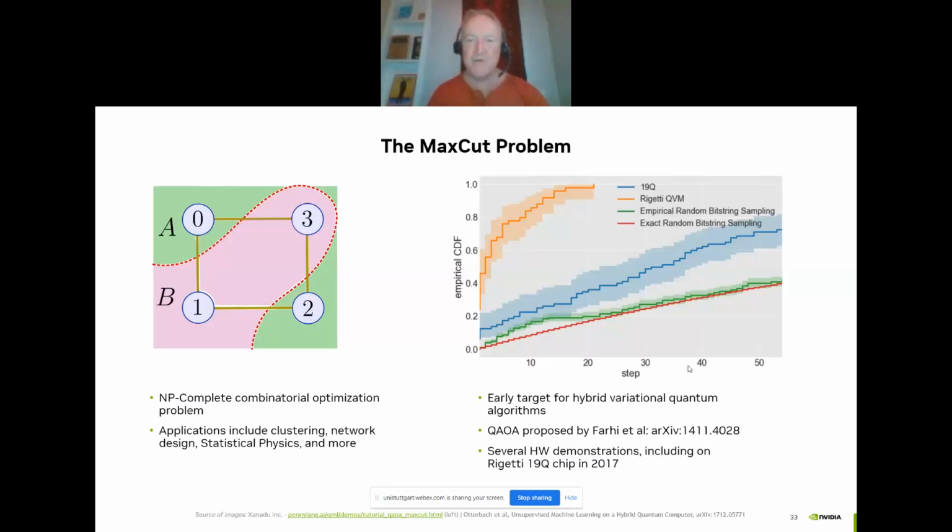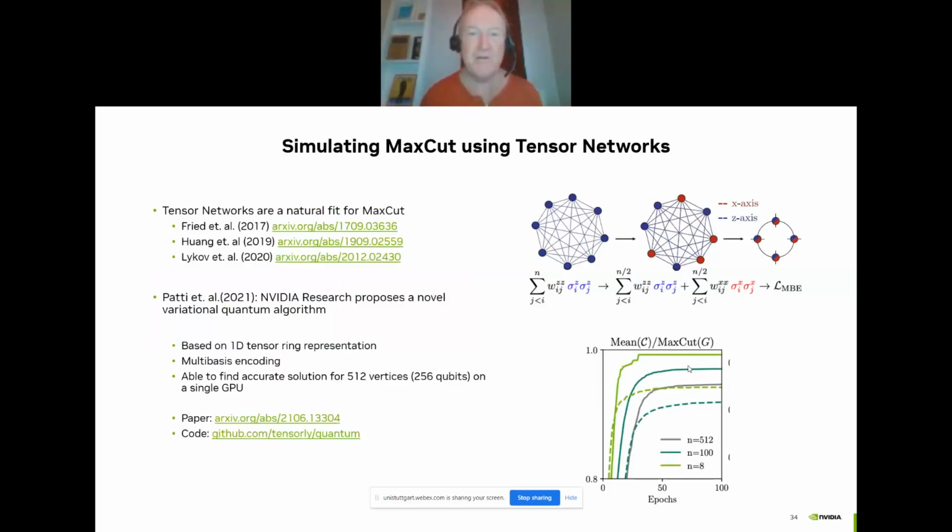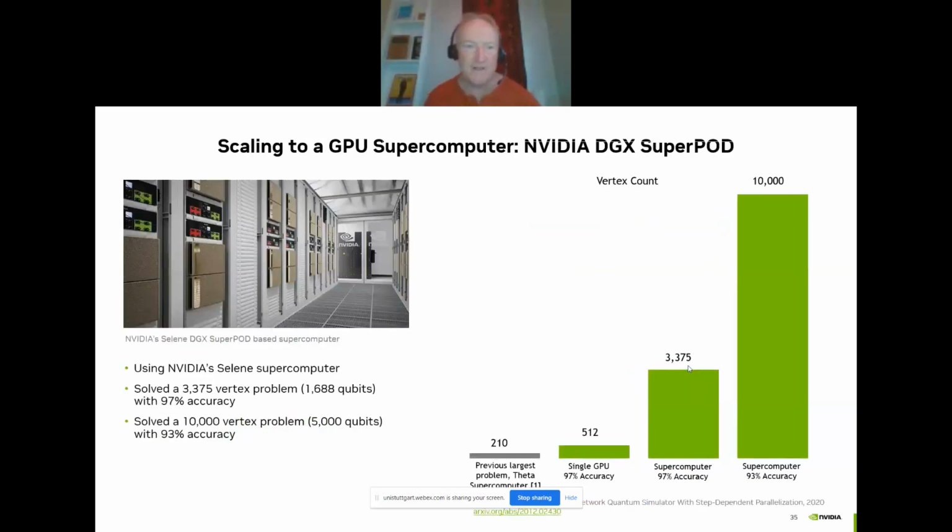And there have been various approaches to how to solve this, again, looking for the quantum advantage. We have an example that NVIDIA researchers submitted recently of using the max cut problem encoded as a quantum circuit, and they were able to solve this problem at a heretofore unseen scale by running it on NVIDIA's Selene supercomputer and scaling it up to a 10,000 vertex count.